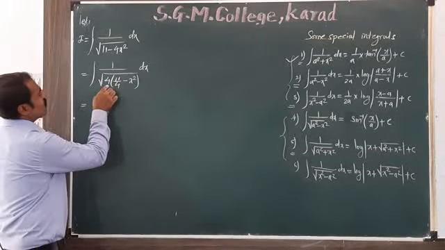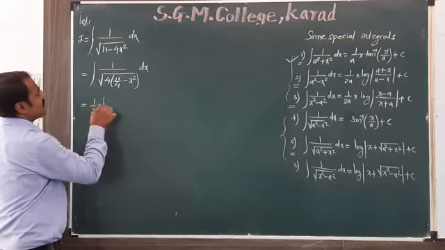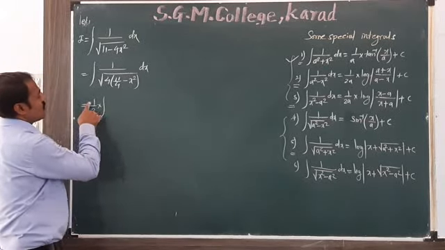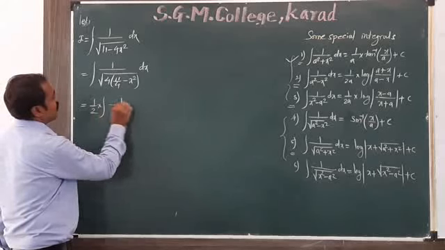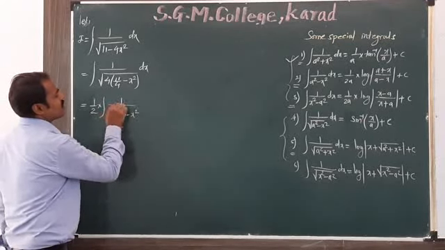So we know that the square root of 4 is 2, 2 is a constant, take it outside the integration sign, so the integration becomes 1 upon 2 into integration of 1 upon square root of 11 by 4 minus x square dx.